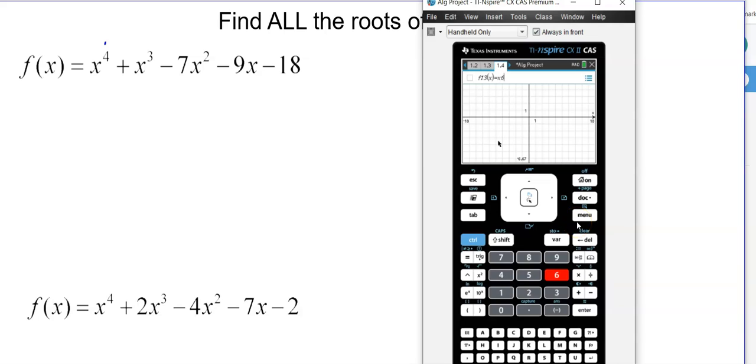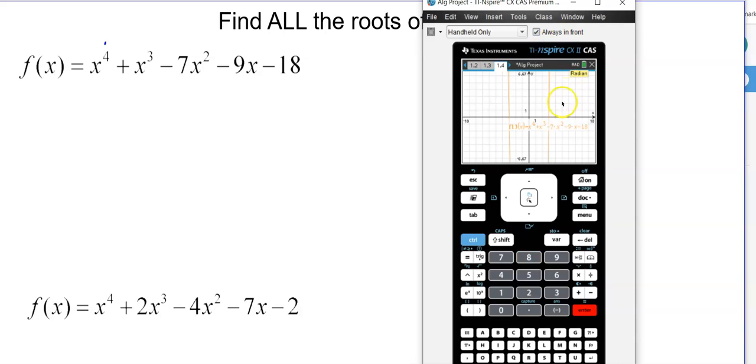X to the 4th plus, oops, x to the power of 4 plus x to the power of 3 minus 7x to the power of 2 minus 9x minus 18.